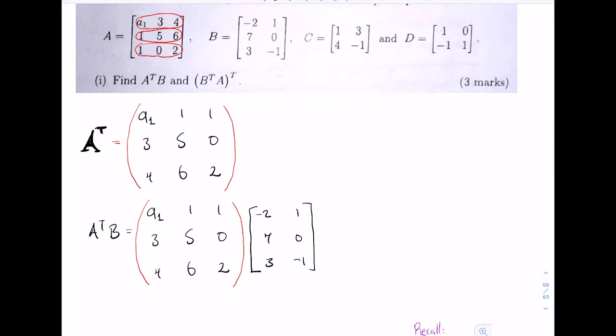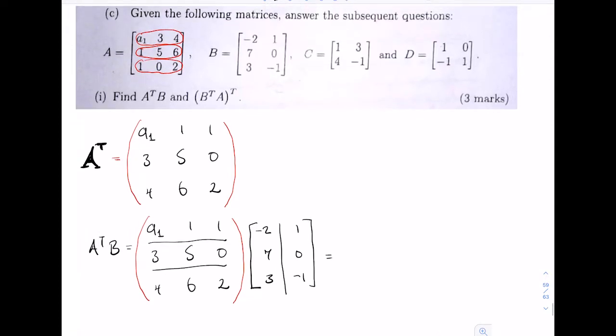All right, and we know that when multiplying matrices, we multiply row by column. So here we end up with the first term being minus 2 times 1, plus 1 times 7 plus 1 times 3.